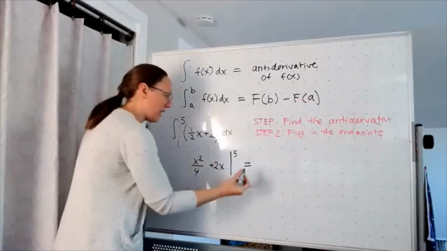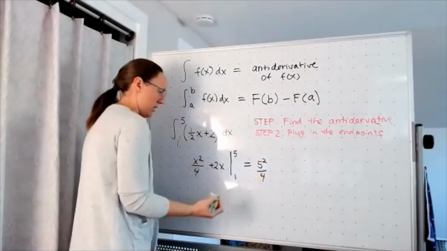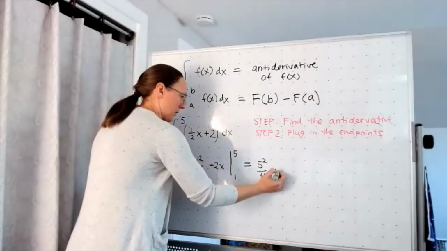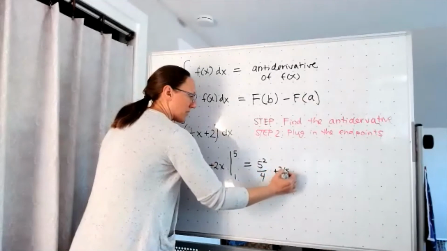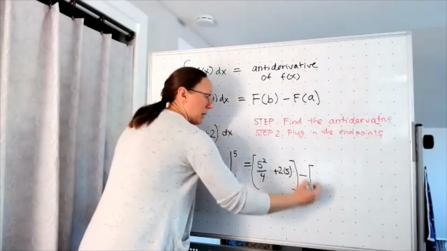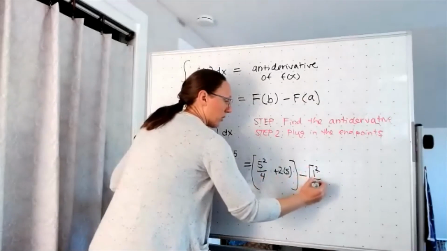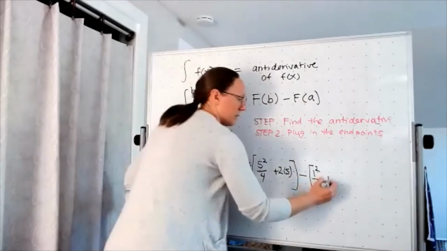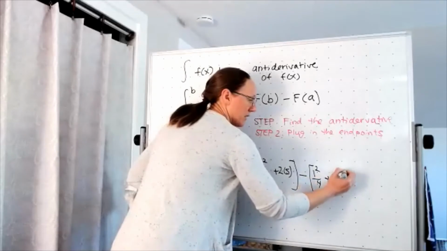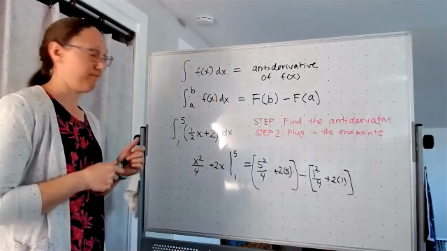So this would look like 5 squared over 4 plus 2 times 5. That's me plugging in the 5, minus me plugging in the 1: 1 squared over 4 plus 2 times 1. And that would be my final answer.